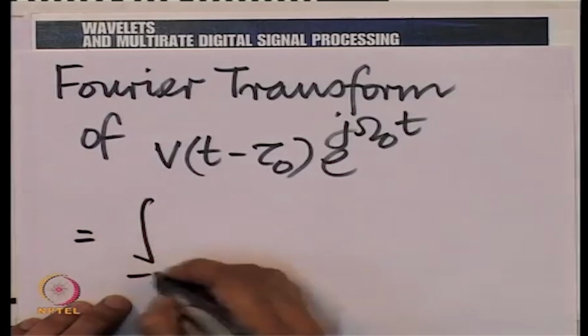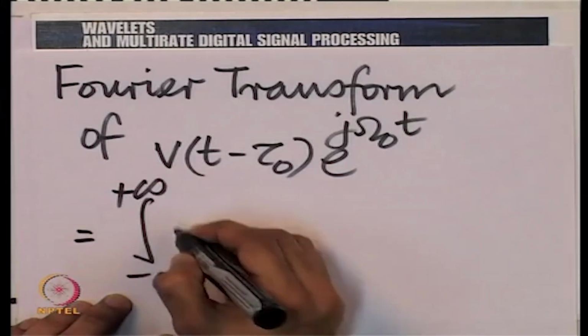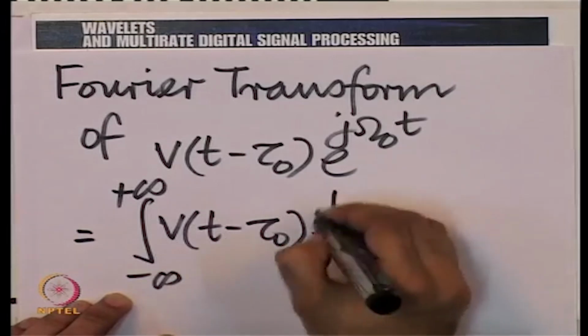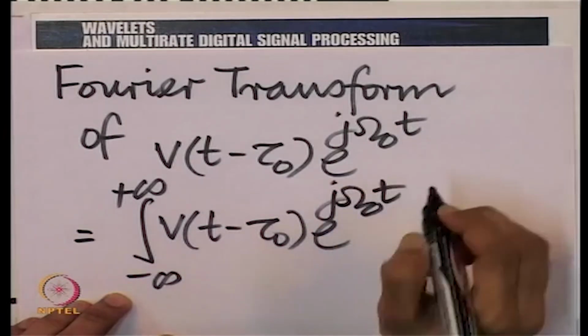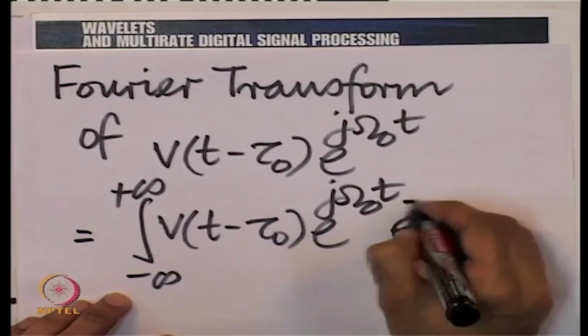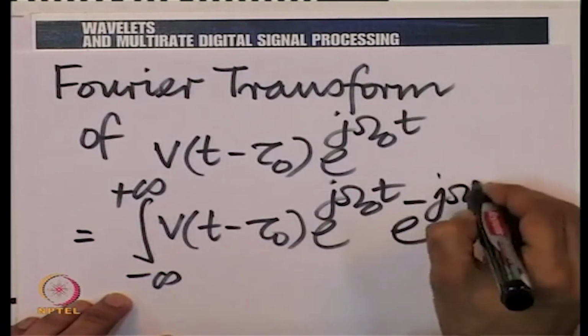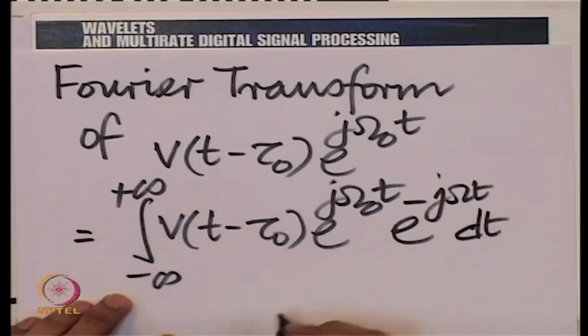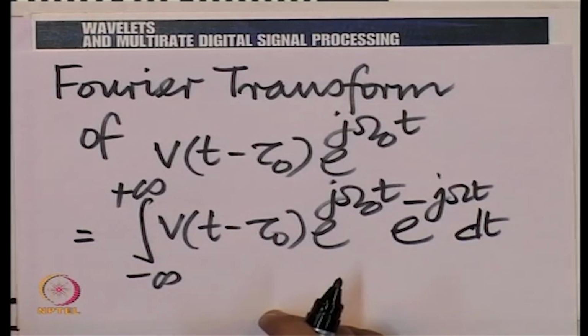It is the integral from minus to plus infinity of V(t minus tau naught) e raised to the power j omega naught t multiplied by e raised to the power minus j omega t, integrated with respect to t.